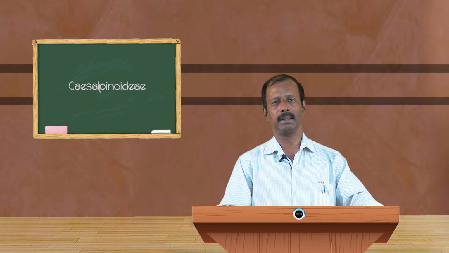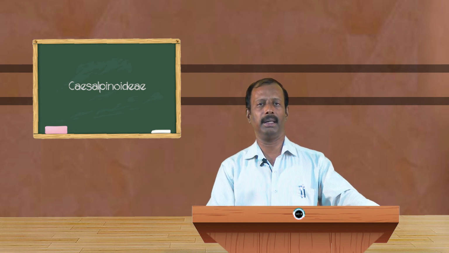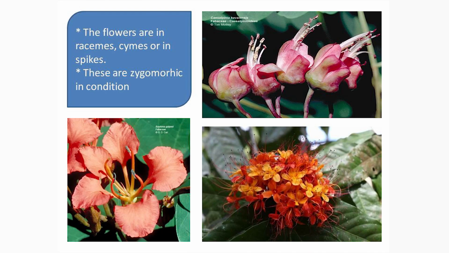Let us discuss the features of the flowers in Caesalpinoideae. The flowers are zygomorphic, bisexual, pentamerous, hypogynous, complete and regular, and they are brightly colored.